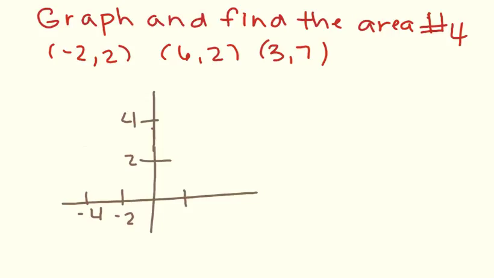And then over here we would have +2 and +4 and +6. Alright, we're going to look at some dots here. The coordinates are -2, +2, and +6, +2, and 3, +7, which would be about over here somewhere. And then we're going to go ahead and connect those dots. It's going to form a triangle.